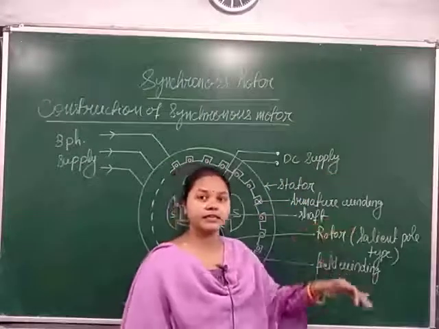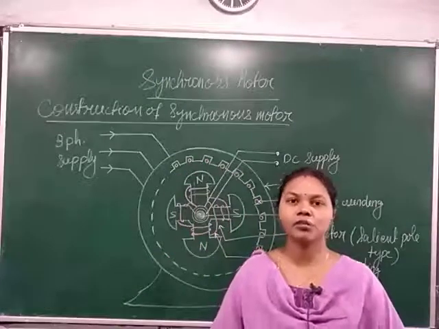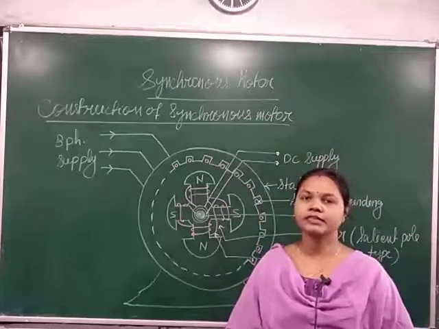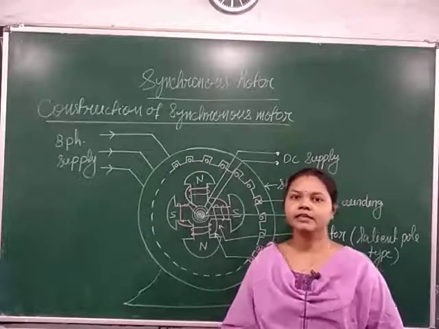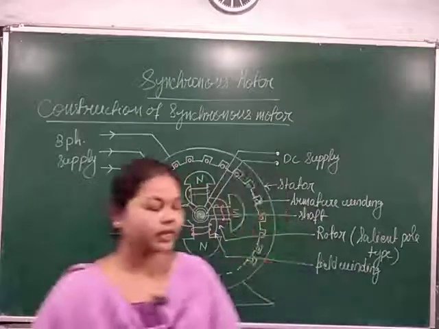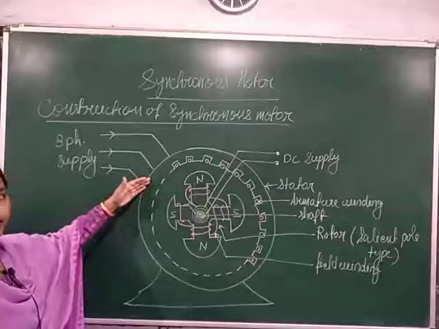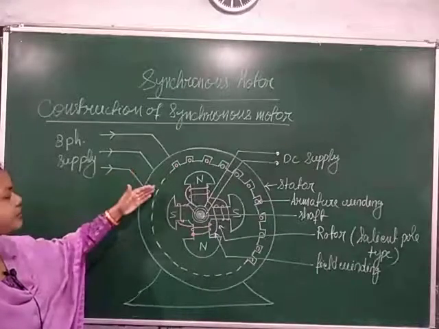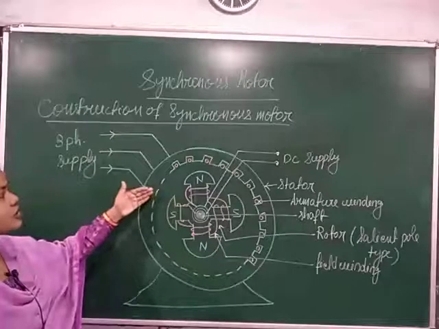It means in a synchronous motor, two types of supply are given to excite the armature and field windings separately: both three-phase AC supply and DC supply. So if you give three-phase AC supply to the armature winding, then a rotating field is induced in this armature winding, which rotates synchronously.